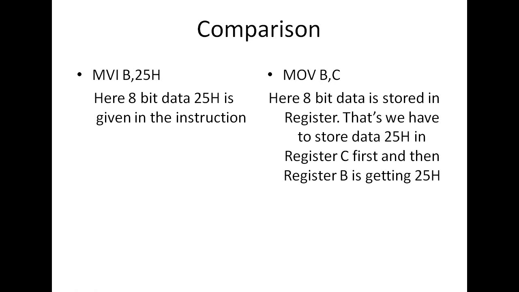Understood the difference? Here 25H is directly given in the instruction, so it gets moved immediately into register B. But here you first have to load the data 25H into register C. Whatever data you want to store in register B, first you have to move that data into register C, and then after you write the MOV B, C instruction, only then will the data stored in register C get loaded into register B. This one is a bit simple, and this one is a bit complex compared to it.